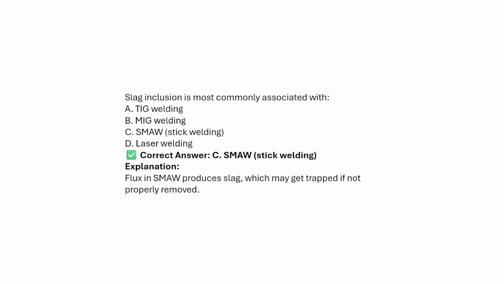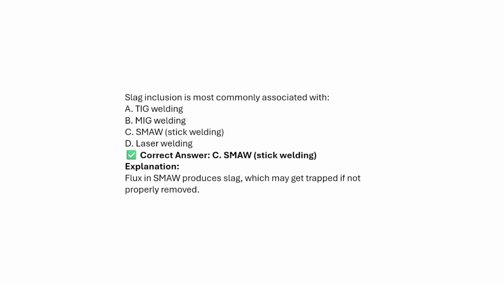Slag inclusion is most commonly associated with which process? TIG welding, MIG welding, SMAW, laser welding. Slag inclusion comes from the entrapment of slag. Where does slag come from? It comes from the flux. So among the given options, which process will use flux? In TIG welding, we use shielding by argon gas.